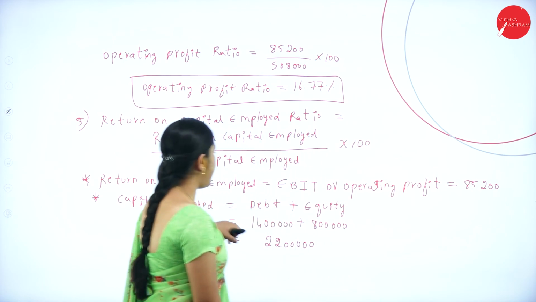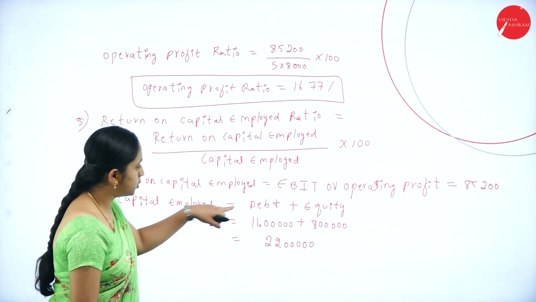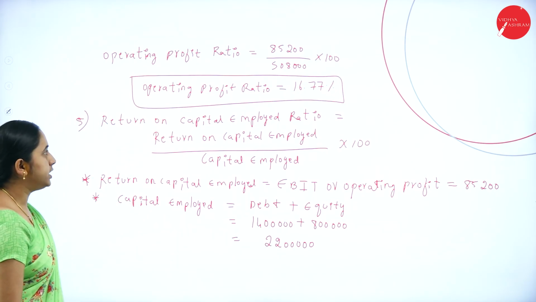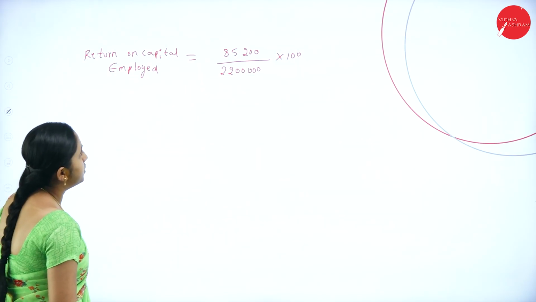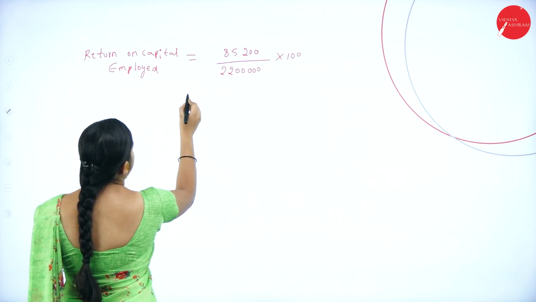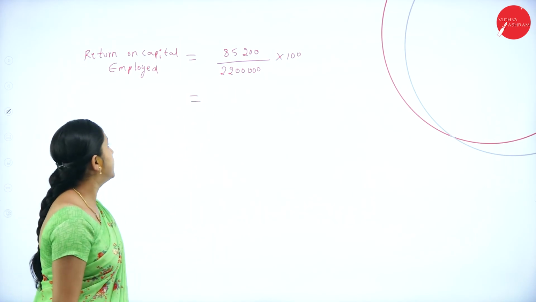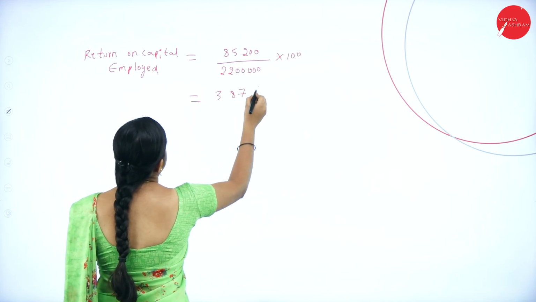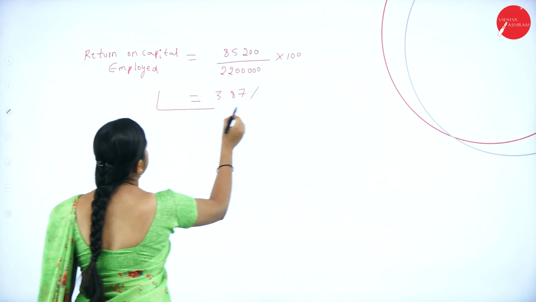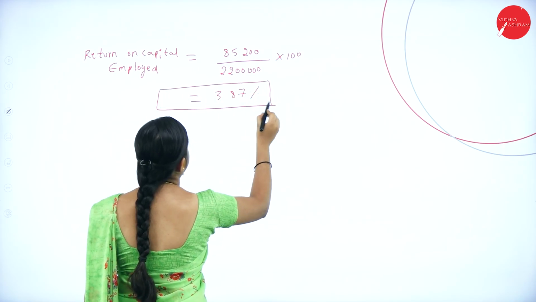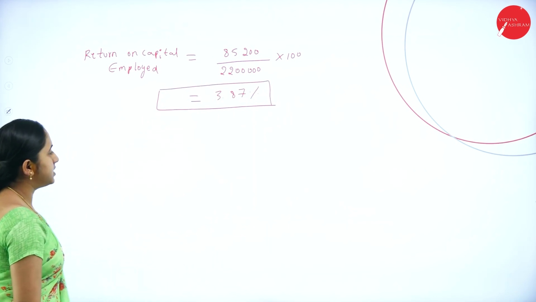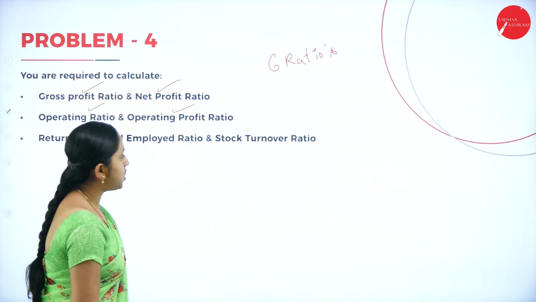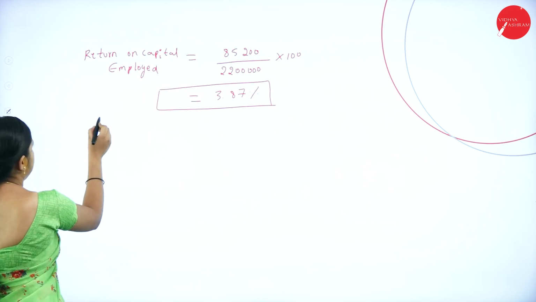Capital employed is equal to debt plus equity, 14 lakh plus 8 lakh, total 22 lakh. So 85,200 divided by 22 lakh into 100 is equal to 3.87%. So return on capital employed is 3.87%.